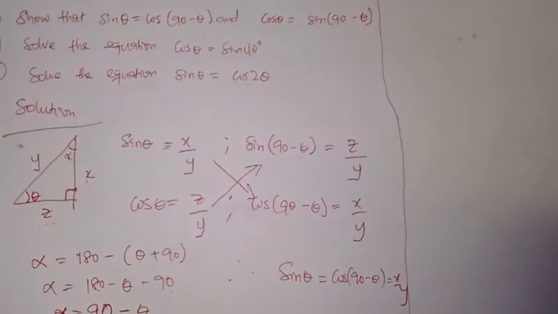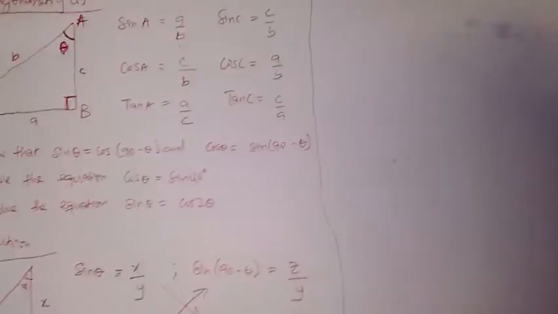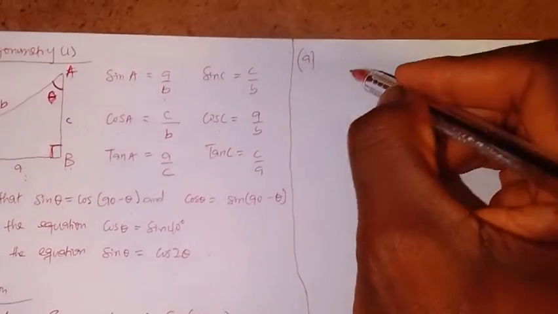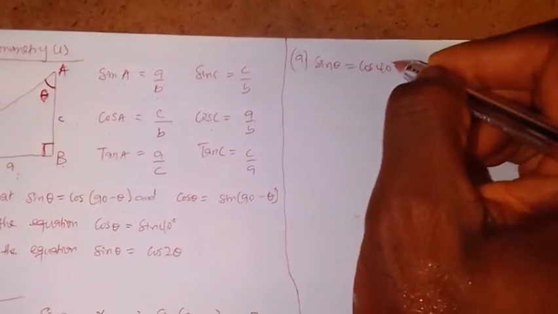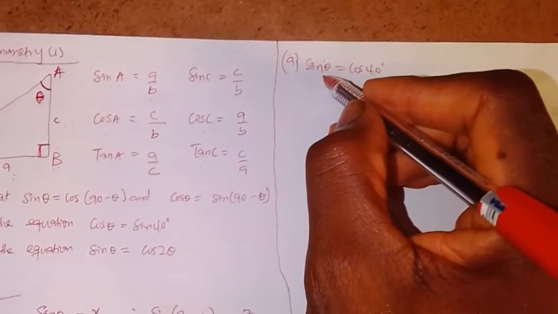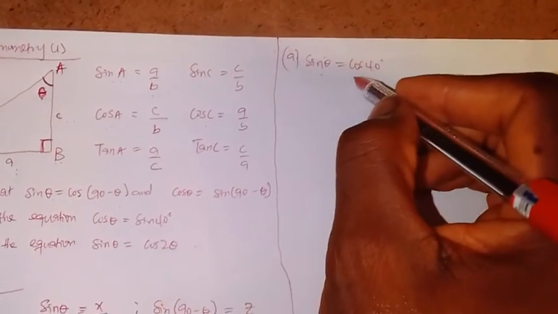Okay, that's that. Now the second question says: solve the equation sine theta equals cos 40 degrees. How do I solve it? Since sine theta is the same thing as cos of 90 minus theta, I have to make them the same trigonometric function.